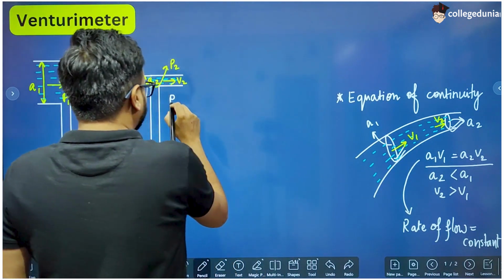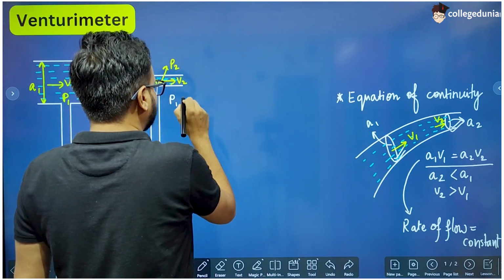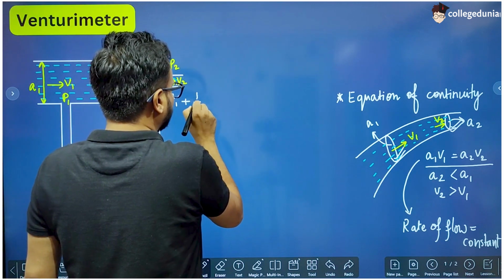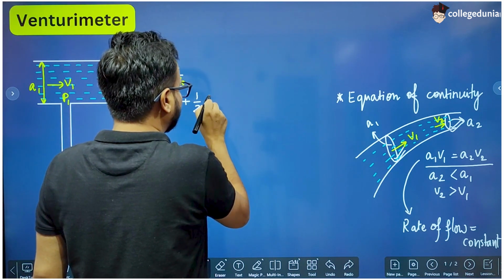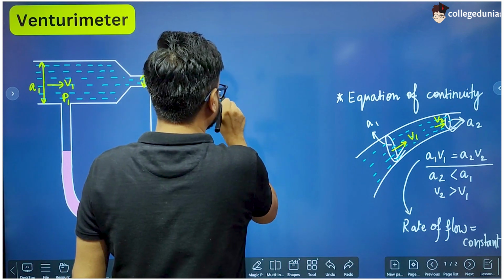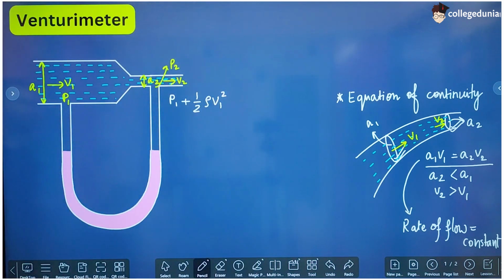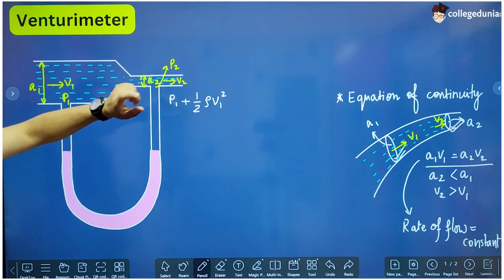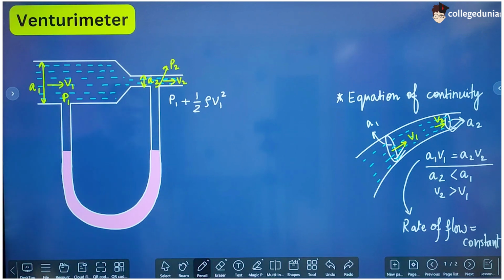So pressure energy per unit volume is P1 and kinetic energy per unit volume is half rho V1 square, and the potential energy is not changing because this tube is horizontal, so the height is not changing as we have discussed earlier.